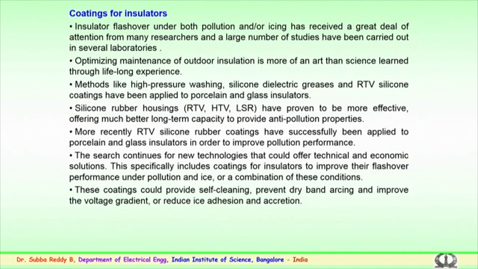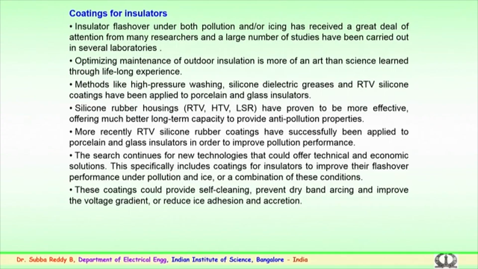These coatings perform better in the initial period, and silicone rubber housings, particularly HTV (high temperature vulcanized), RTV (room temperature vulcanized) and LSR, liquid silicone rubber, have proven to be more effective, offering much better long term anti-pollution or contamination properties.